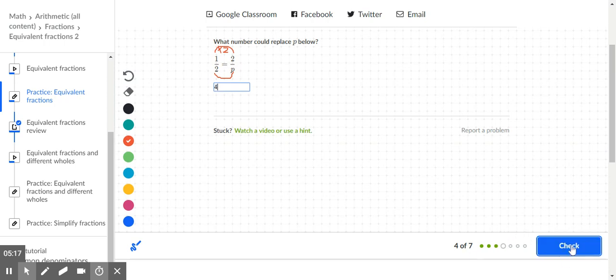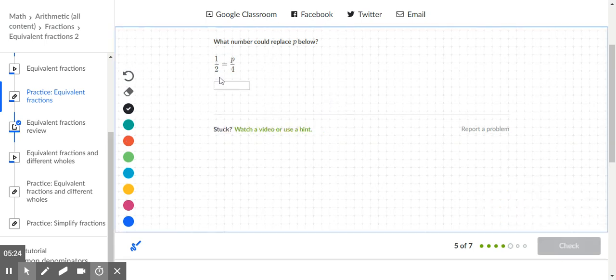So let's check that answer. Okay, so let's try another one. Here we go. What would I do to 2 to turn it into 4? Well, I multiplied it by 2. So 2 times 2 is 4. So then 1 times 2 would be 2.